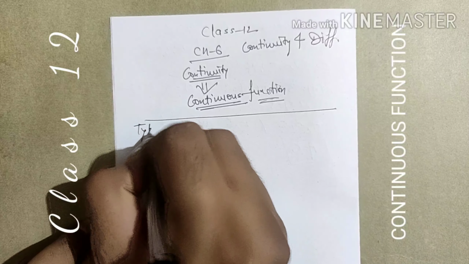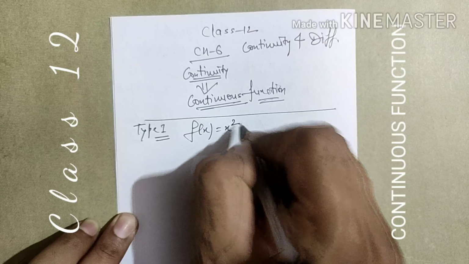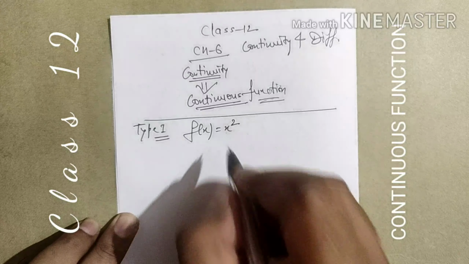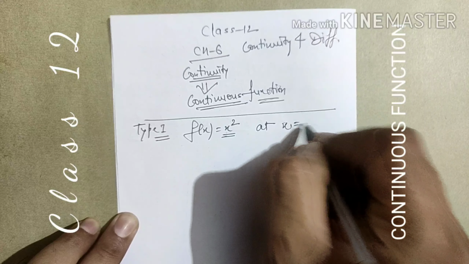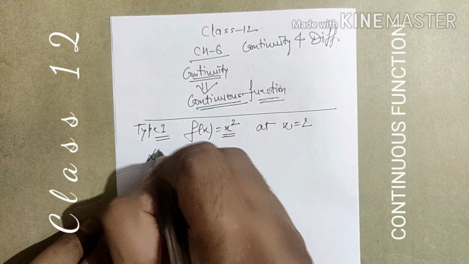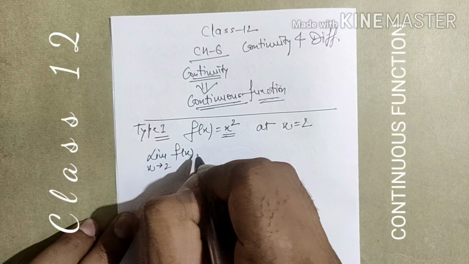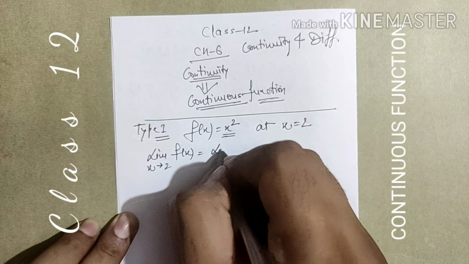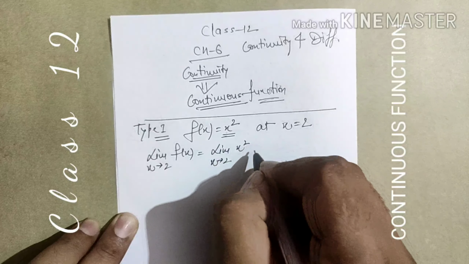Type first is here. When the function is given, any function we can take here. We are taking here an algebraic function. We have to check at the indicated point 2. We have to apply the limit on the given function, replacing the value of function x square.